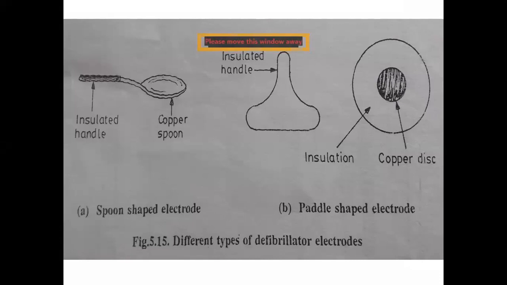By applying the anterior position, the current will flow through the heart. Whereas in the anterior posterior position, the current flows from the back to the chest through the heart.